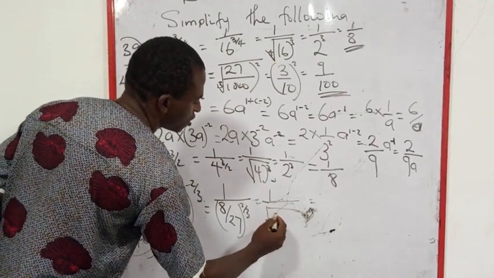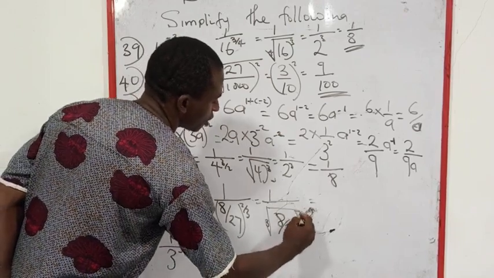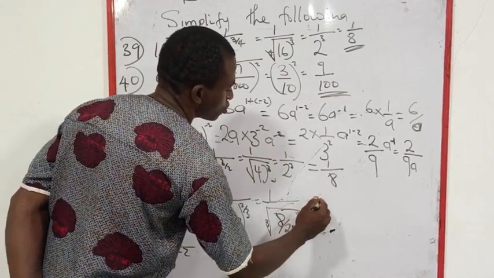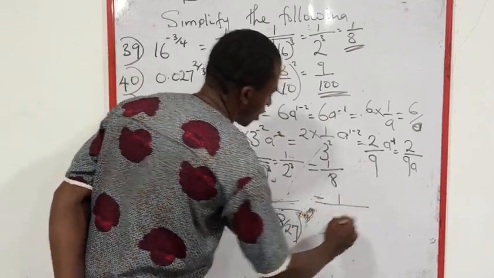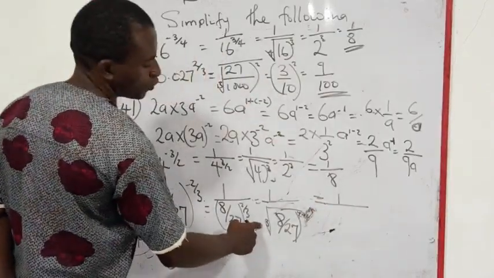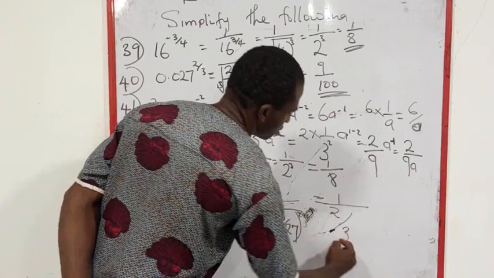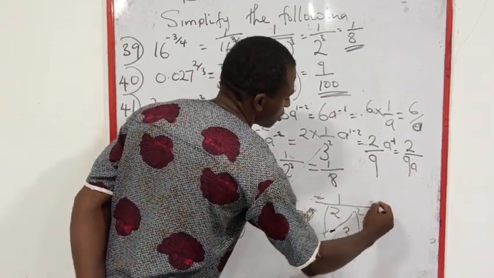The cube root of 8 over 27, then raised to the power of 2. We are interpreting the 7th law. The cube root of 8 is 2. Then the cube root of 27 is 3. Don't forget the square is still there. You are going to use it.